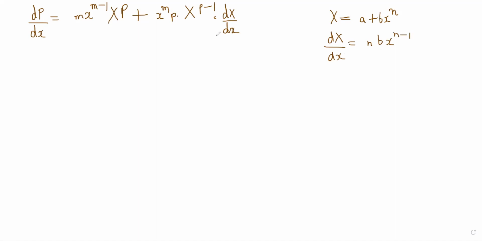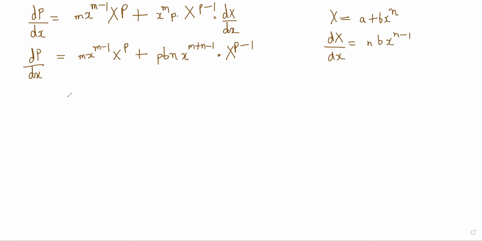So we can put that here, and we will get dP by dx becoming equal to m x power m minus 1 capital X power p plus p b n. b n comes from here, x power m plus n minus 1 multiplied by capital X power p minus 1, right?